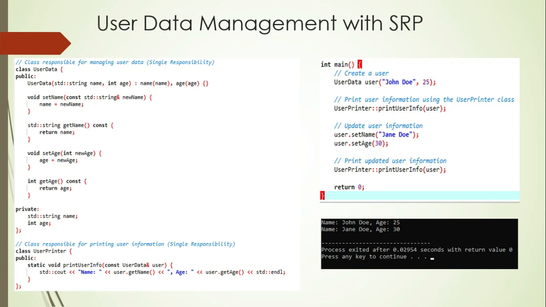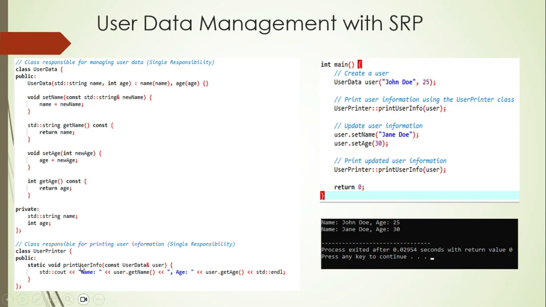This follows the single responsibility principle, meaning that this class is focused solely on displaying the user details, not managing or storing. So the roles are now distinguished and specific. The UserData class's role is to manage the user data, using set and get, and the UserPrinter class is responsible for displaying and printing the user information.